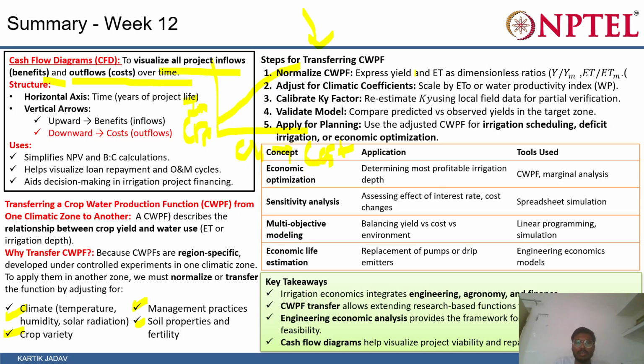Considering all this, by following these steps, we transfer the crop water production function from one climatic zone to another. That includes the normalization of the production function, so it is expressed as yield and ET as a dimensionless ratio.